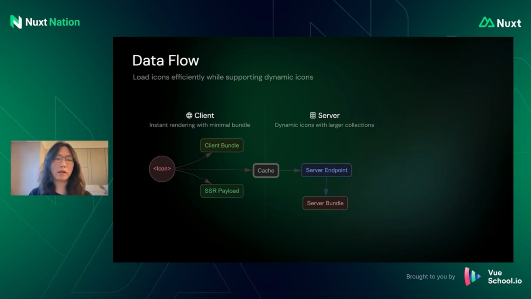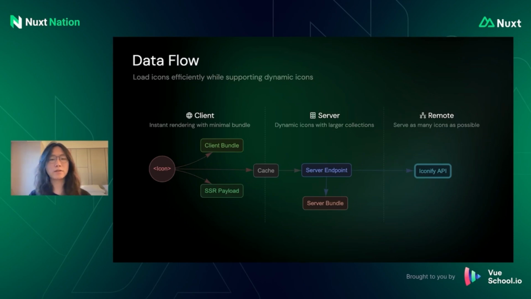So once an icon has been requested, subsequent requests are much faster. If the server couldn't find the icons in its bundles, it will then request the icon from Iconify and forward it to the client. In that case, caching is also applied to speed up future requests. With all this set up, we can load icons efficiently while supporting dynamic icons.